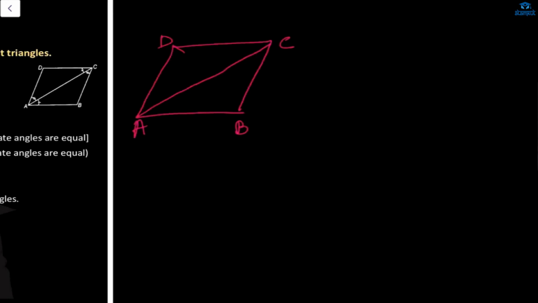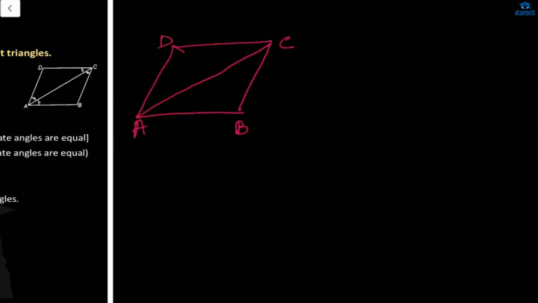What is that pair of angles called? Alternate angles. And then the side AB is equal to DC because they are parallel.